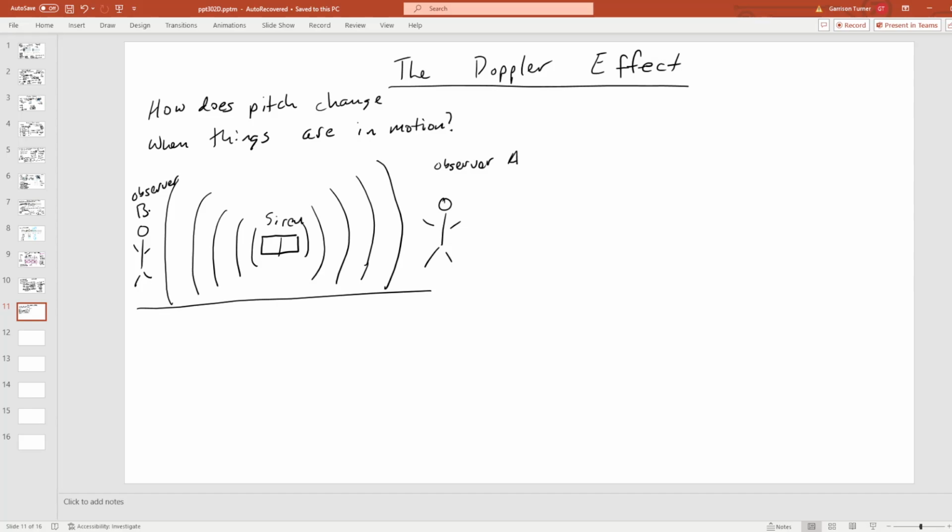Now, if both are stationary, they both hear the same tone. If one of them is closer than the other one, they might hear a different loudness, but they will both hear the same tone.